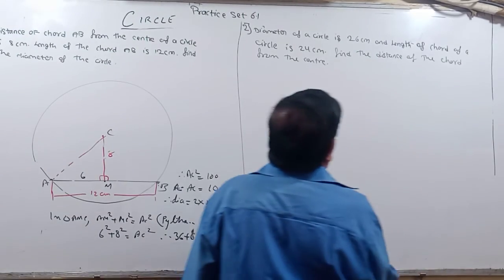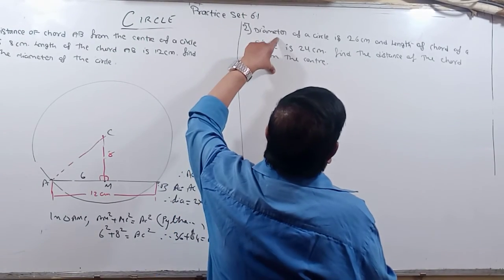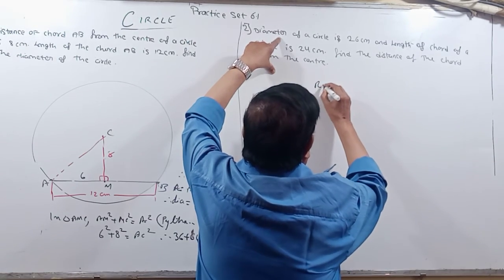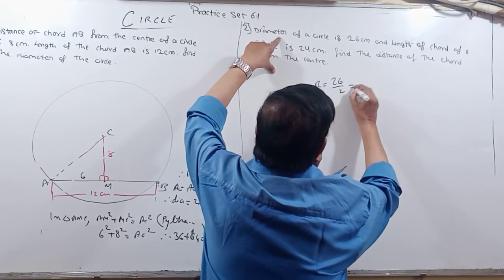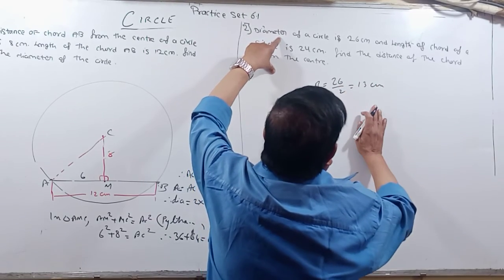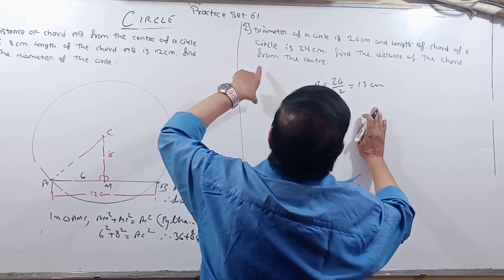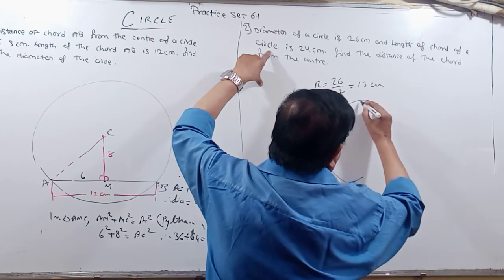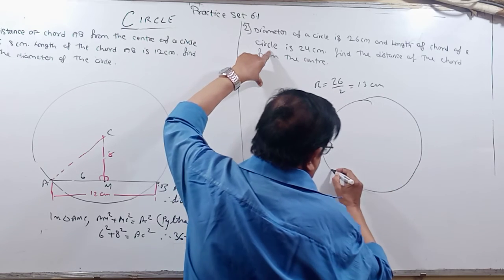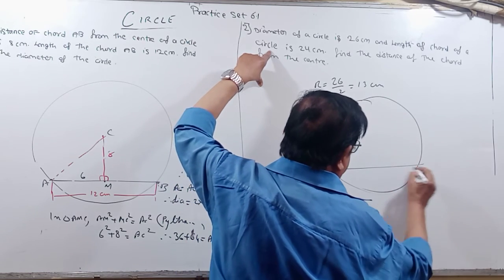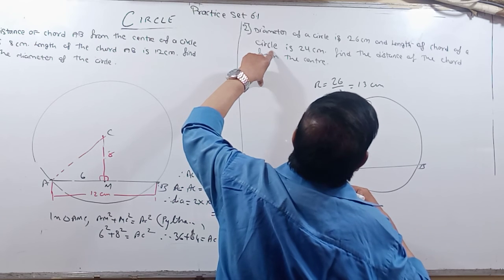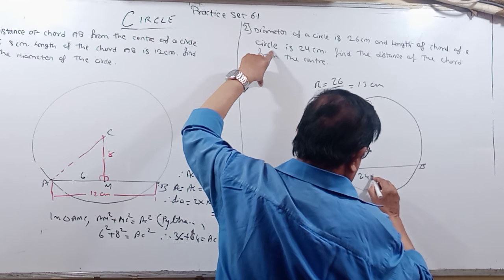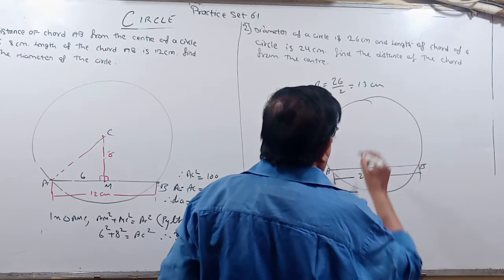Okay, we'll do the second sum. Diameter of the circle is 26 centimeters. Therefore, radius is equal to 26 upon 2 equals 13 centimeters. Length of the chord is 24 centimeters. We will draw a circle. Chord AB is 24 centimeters.